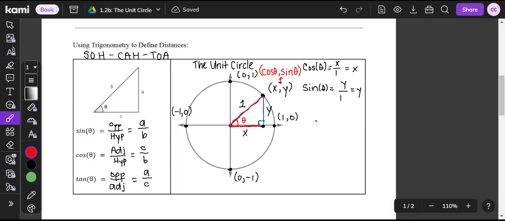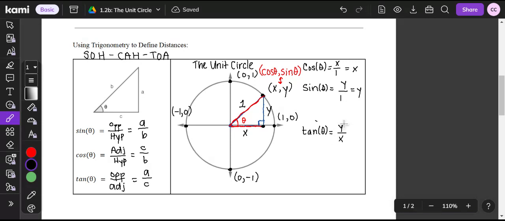Okay, now we haven't really talked about tangent, but another cool thing to point out would be the tangent angle. In the tangent angle, we are going to do the opposite side divided by the adjacent side. So this is going to be y divided by x. And what's cool about tangent is if you look this up, it's actually true.